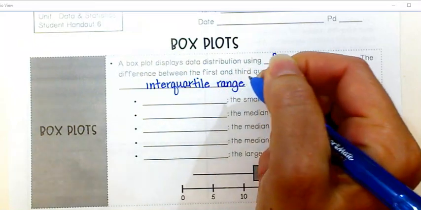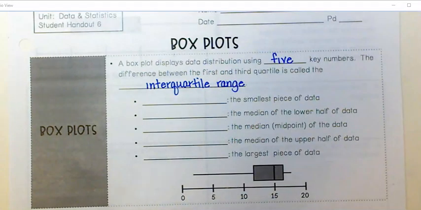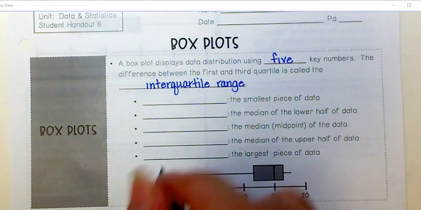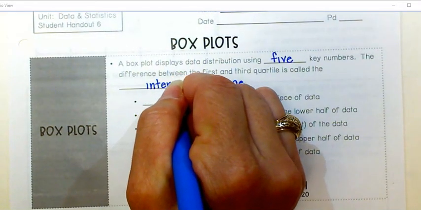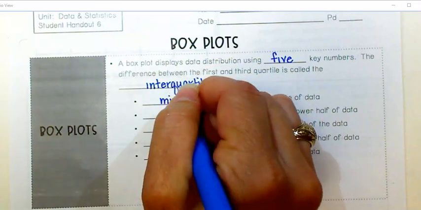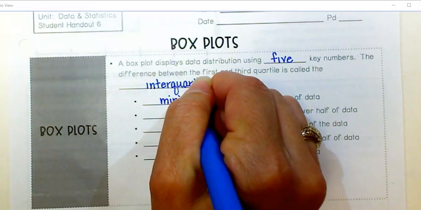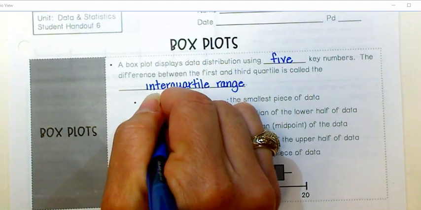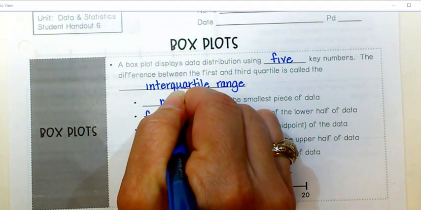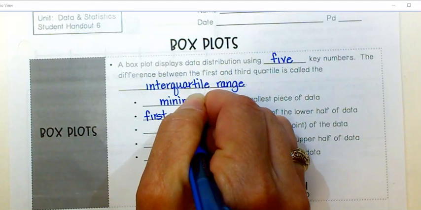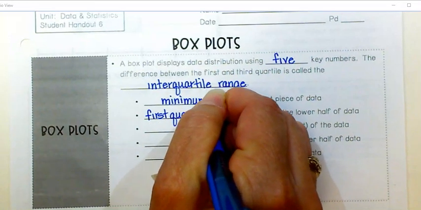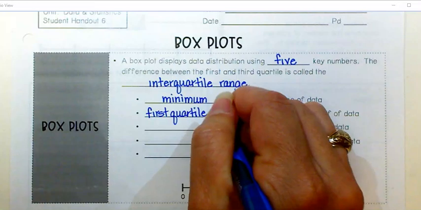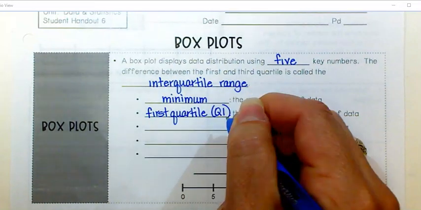All right, our 5 key numbers is your minimum, which is the smallest piece of data. Your first quartile, a lot of times it's just designated Q1.